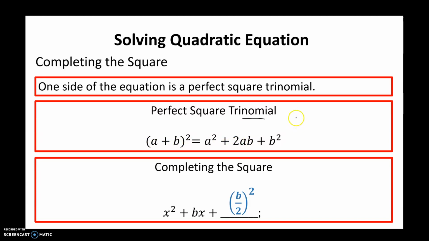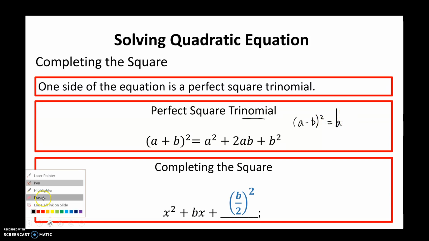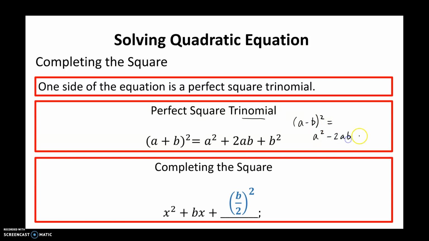Okay? A perfect square trinomial will also factor as (a minus b) quantity squared. So square the first term, double the product of the two terms. So a times negative b is negative ab, and then I have to square the last term.